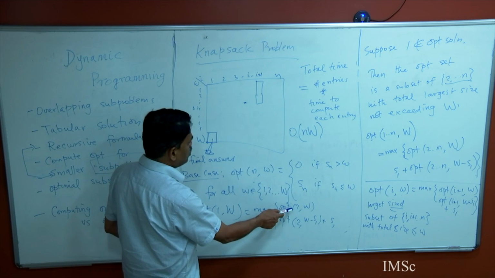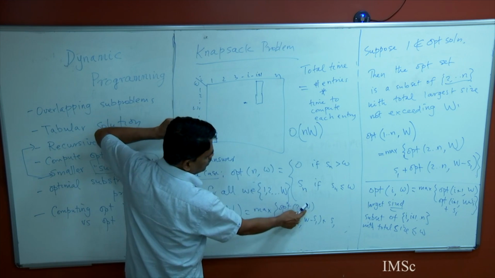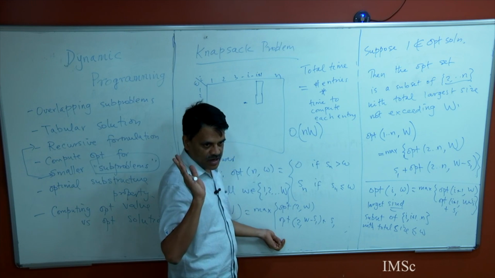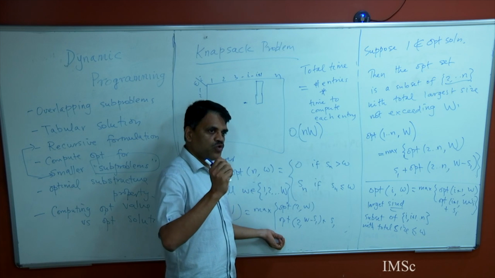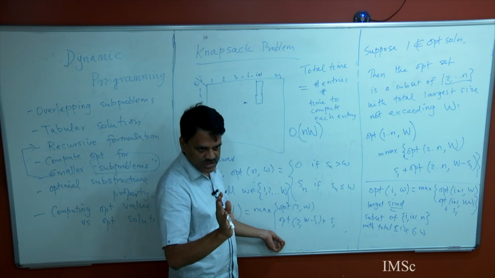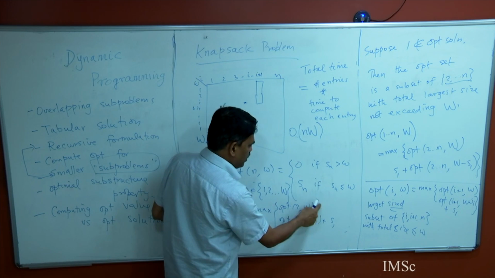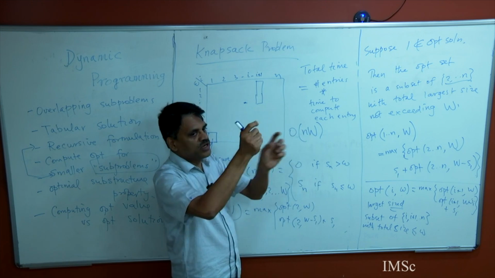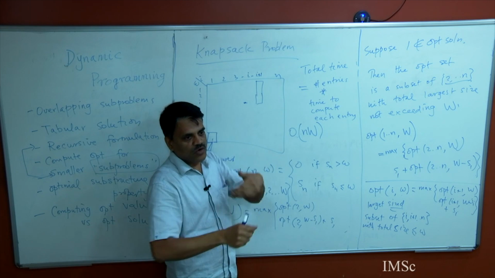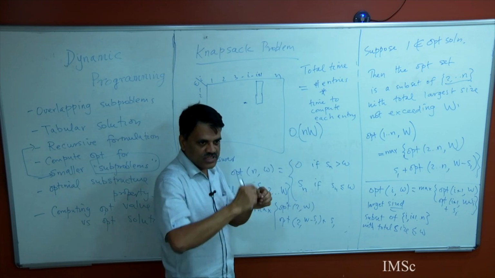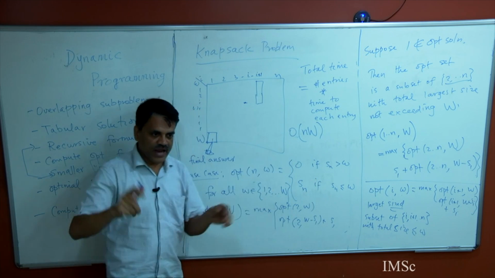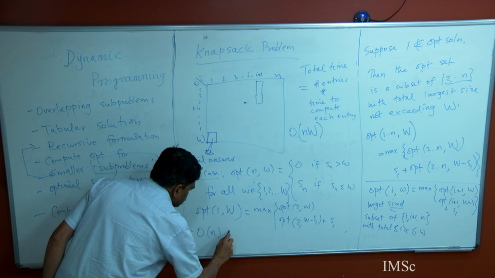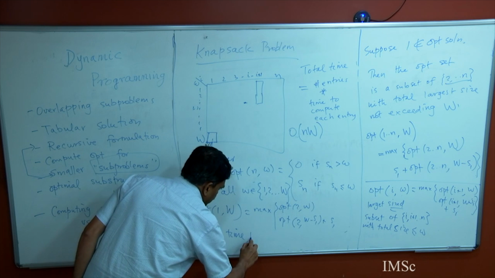I go to this table, it's sitting here, opt 2W and this other value, and see whichever is bigger, that will tell me whether S1 is there or not. Suppose you have figured out S1 is not in the solution. Then you know that it's actually opt 2W. Go to opt 2W, it is a maximum of two quantities, and based on that, you will know whether S2 is in the solution. So you're just jumping one at a time. So in order n time, we can find the subset.